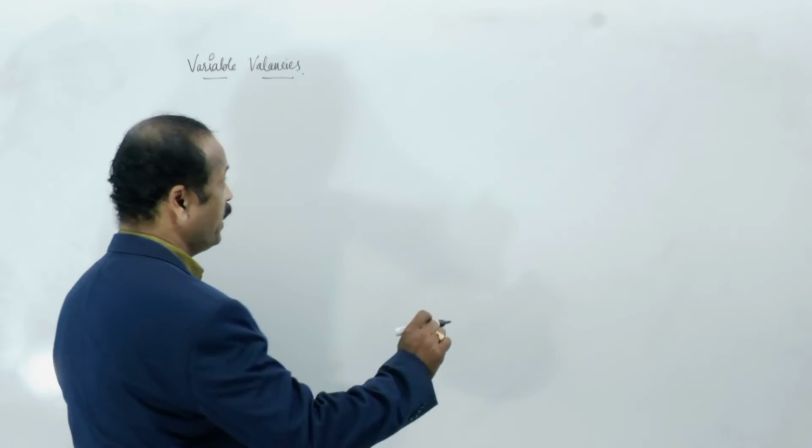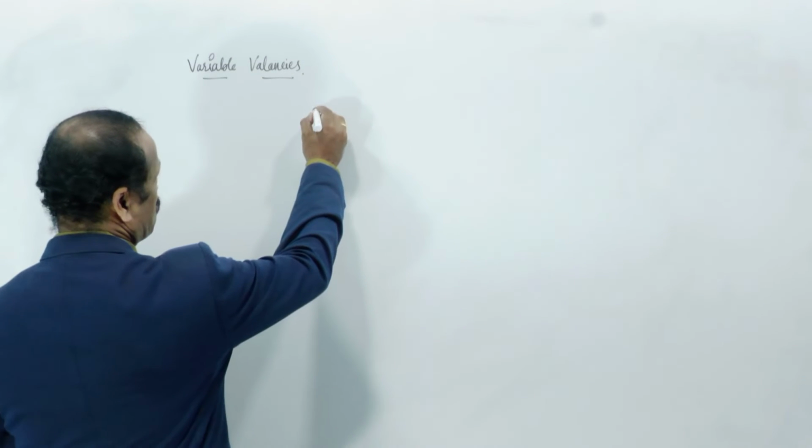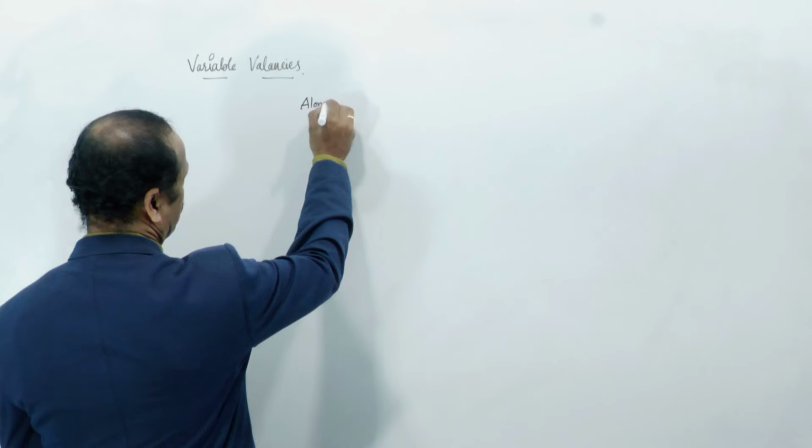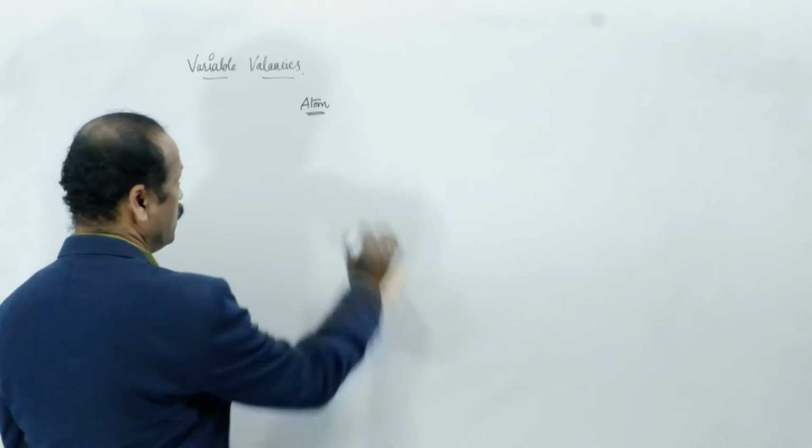You know that the smallest unit of an element is the atom, right? We already discussed what the atom is. So I'm writing atom. This atom is actually a very small particle. I said that any matter is made up of tiny particles called atoms.